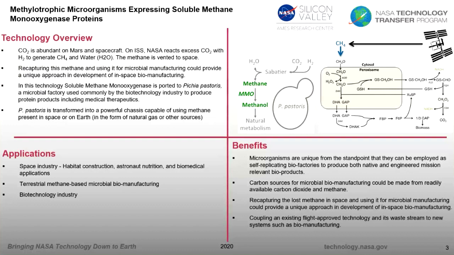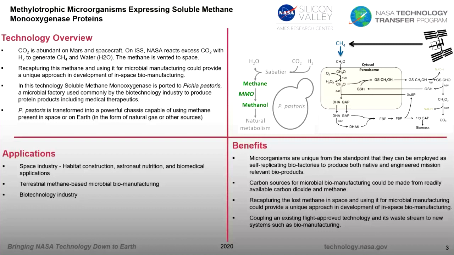So on the International Space Station, presently, the CO2 removal system relies on a technology called Sabatier. And Sabatier reacts excess carbon dioxide from respiring astronauts with hydrogen to generate methane. And you can see that CH4 indicating methane generated by that Sabatier unit. Now, presently, that methane is exhausted off of the ISS. It's not captured or reused.